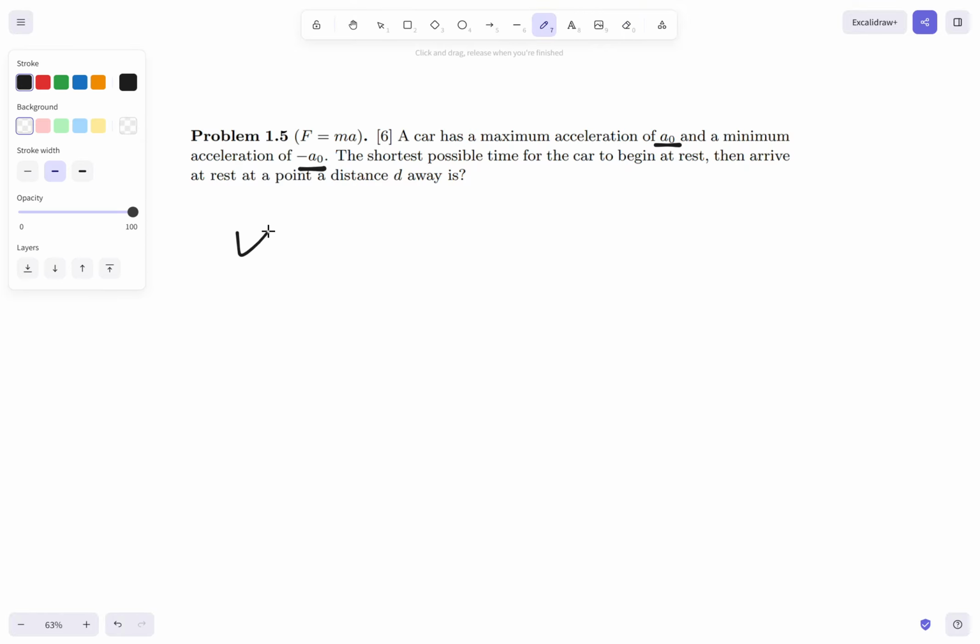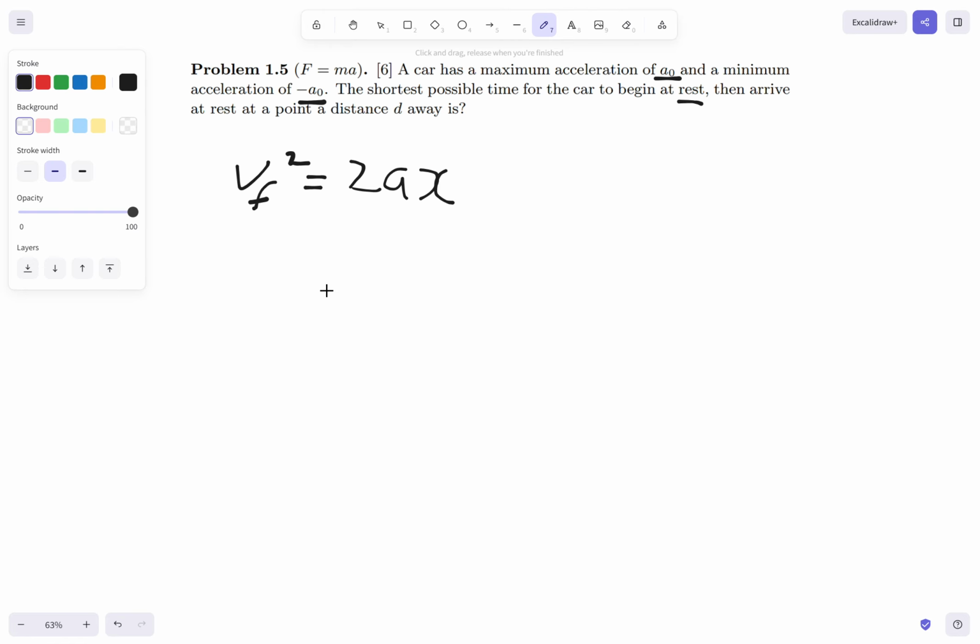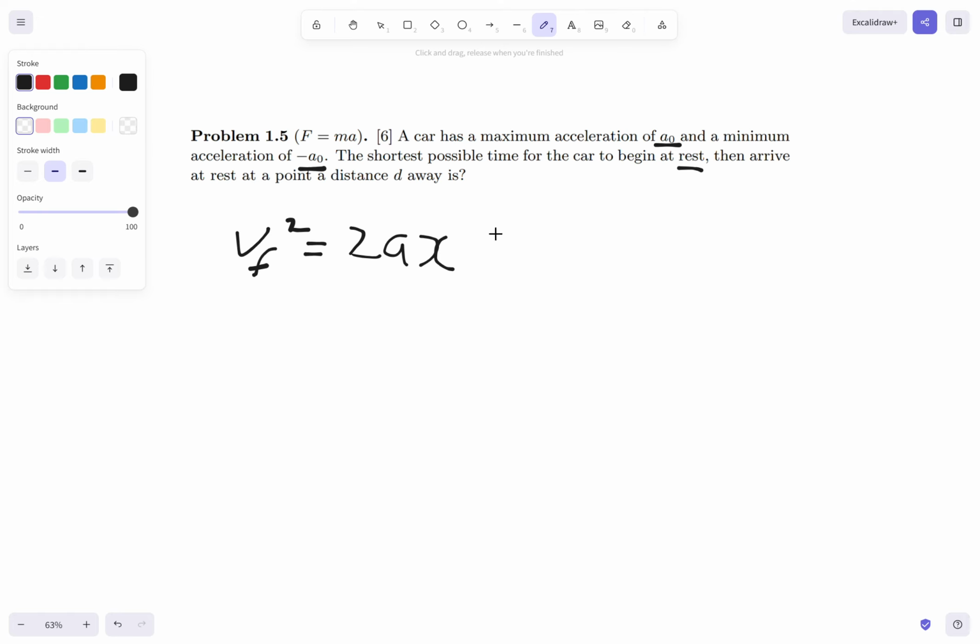We're going to start with vf squared equals 2ax, because initially it's at rest. So this is stage one, going up the hill, like this triangle. Then for stage two, you have 0, because at the end it's 0.